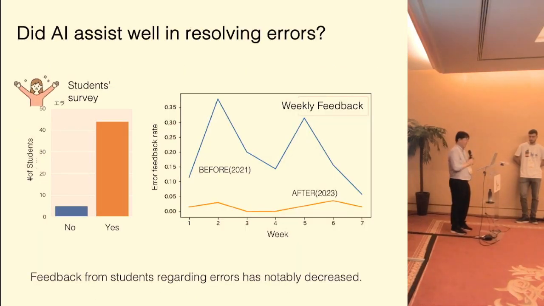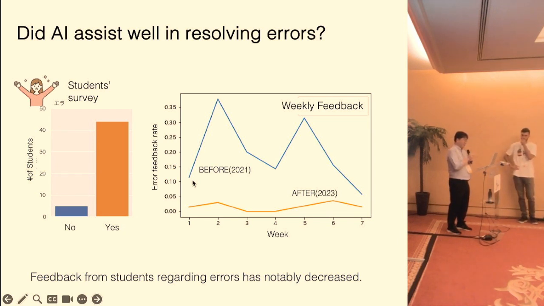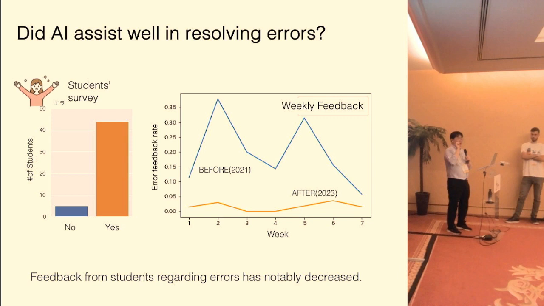Here is the first question: did AI assist well in resolving errors? Here is a student survey. Most students answered yes. To analyze in more detail, we collect weekly feedback, and we counted every feedback that included error problems.